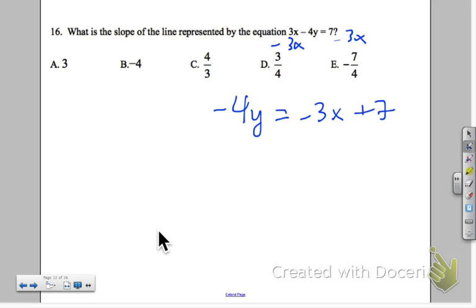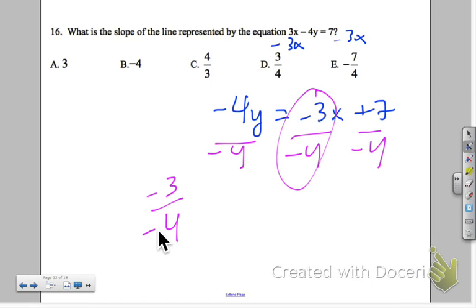So I've got to divide by a negative 4. So this is my slope, and a negative 3 over negative 4 is equal to a positive 3 over 4, because a negative over negative is positive. So this is the correct answer, and those are some of the distractor answers.